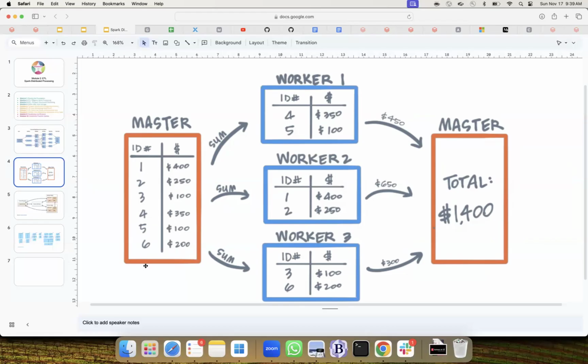Now I have 6 employees. I have to pay the total amount. Now I say each of these employees are on different worker machines. Employees 1 and 2 are on worker 2. 4 and 5 are on worker 1. 3 and 6 are on worker 3.